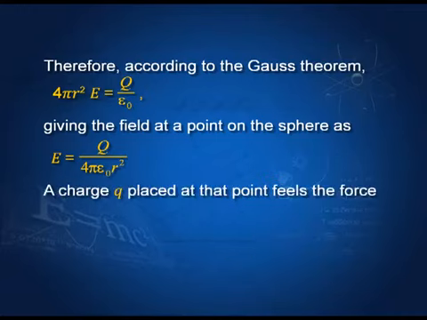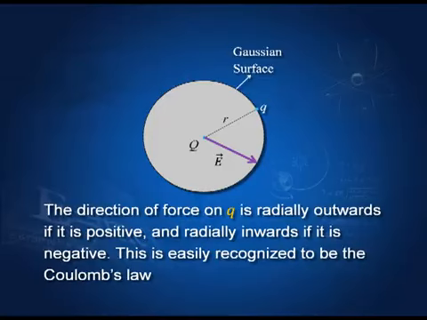So, this gives the field at the surface of the sphere. At the point where a charge q is placed, the field is Q by 4 pi epsilon 0 r squared. Therefore, the force on this charge is Q by 4 pi epsilon 0 r squared times the small q, and you can see already this is in accordance with Coulomb's law, 1 by r squared.